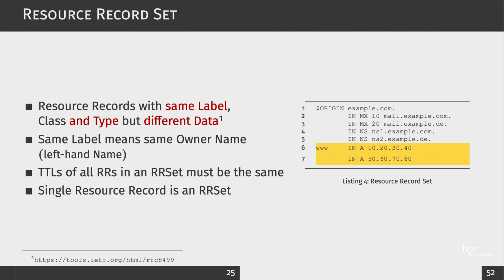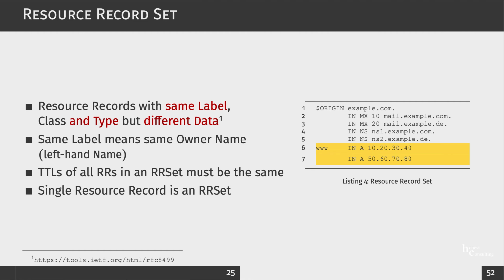On the right-hand side in listing number 4 we can see this www entry of example.com. The label is the same, it's www, the type is the same, it's an A record, but the data is different. So this is a resource record set.